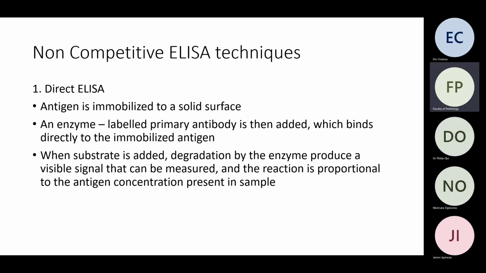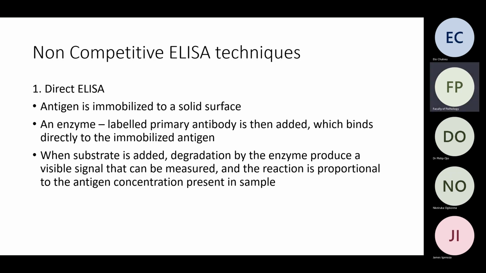Step number three, the substrate is added. Now, when that substrate is added, the degradation of the substrate by the enzyme is proportional to the amount of antigen present in the sample.